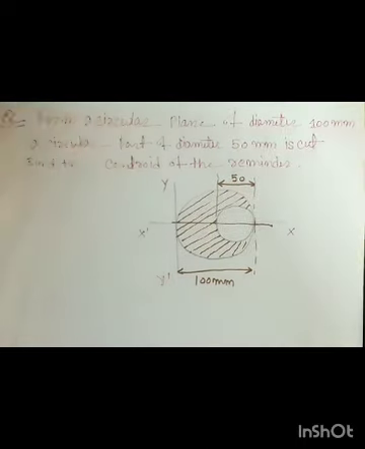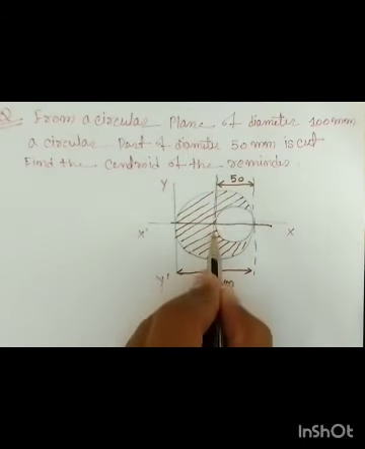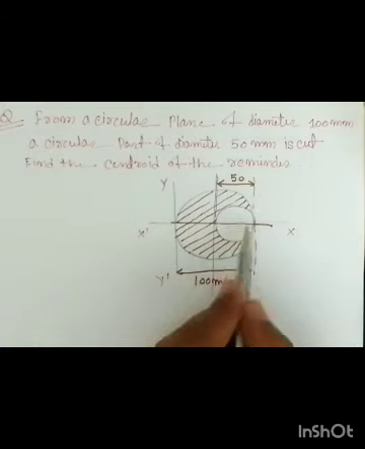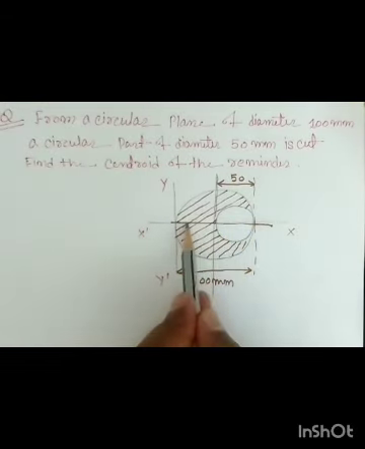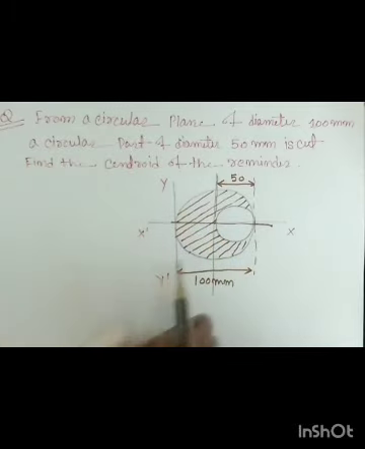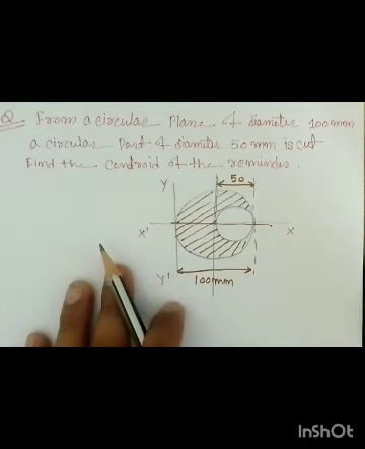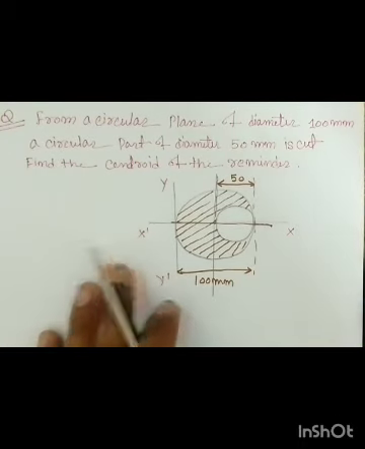But if you want to know whether it is symmetrical about the y-axis also, let's cut about this. You can find this side has more material and this side has a cutout section. It means this half portion and this half portion do not have equal weight. So it is not symmetrical about the y-axis, but it is symmetrical about the x-axis. So in this case we will find the center of gravity only about the x-axis.